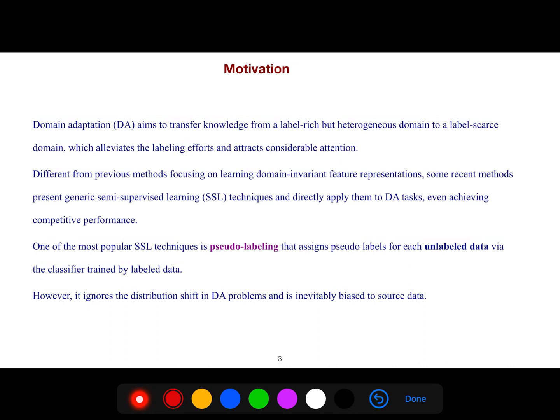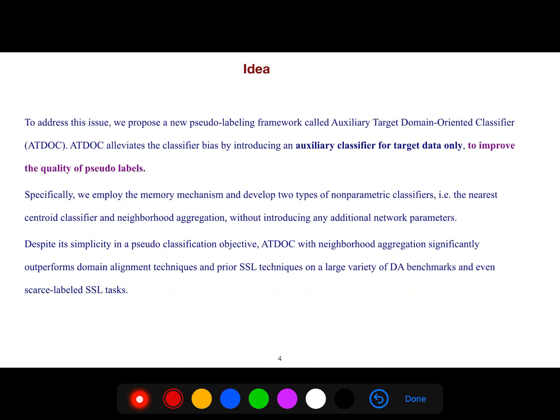One of the most popular semi-supervised learning techniques is pseudo-labeling, which assigns pseudo-labels for each unlabeled data via the classifier trained by labeled data. However, it ignores the distribution shift in domain adaptation problems and is inevitably biased to source data.